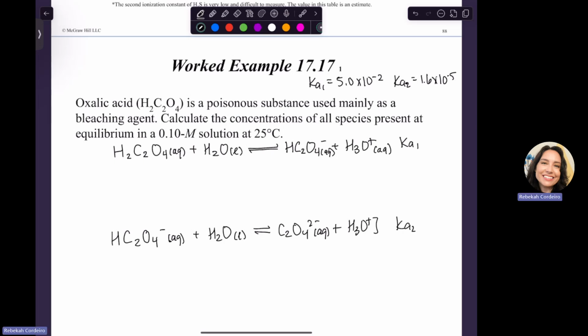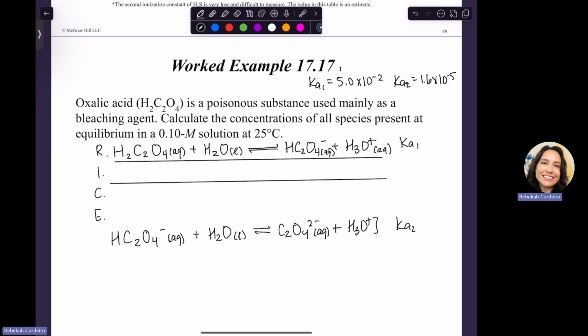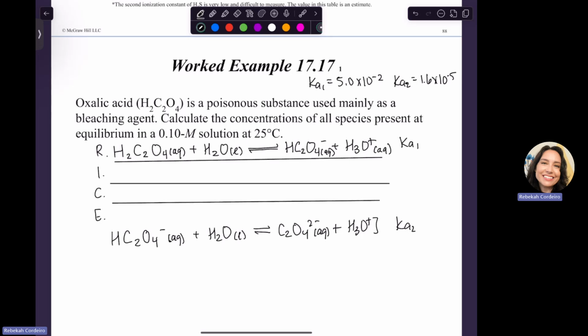This is Ka2. Now if I put in 0.1 molar in this first one, I'm putting the R there because I know some people were having trouble figuring out the difference between the reaction and the initial amounts. So just to differentiate that for you.